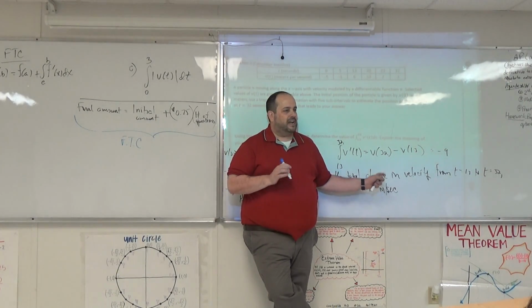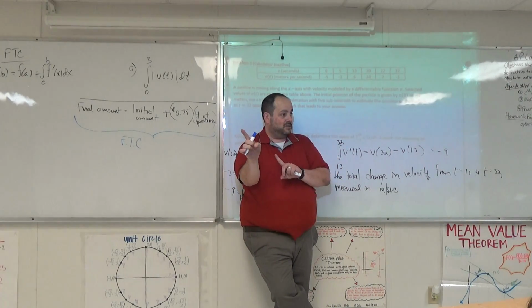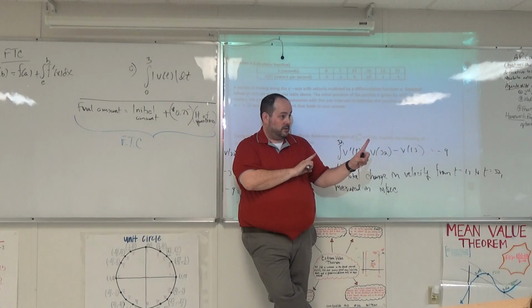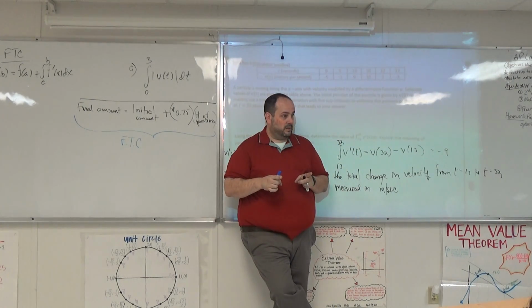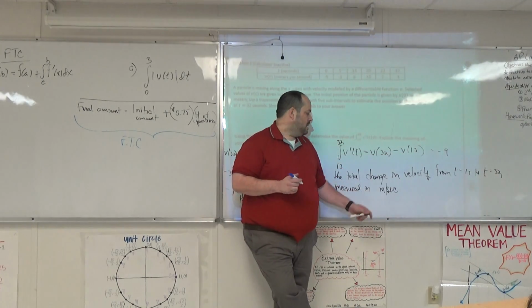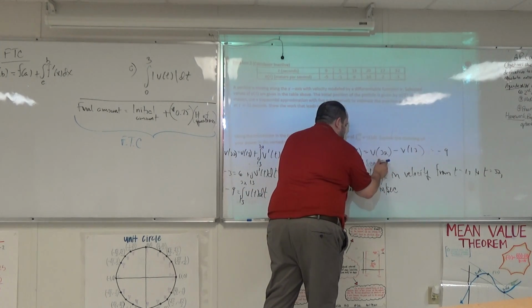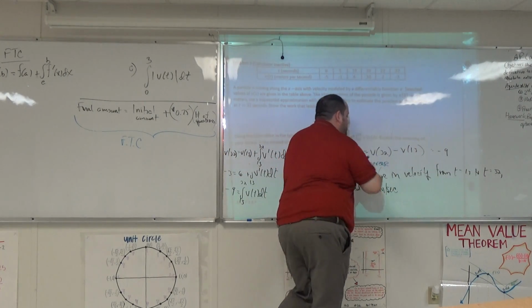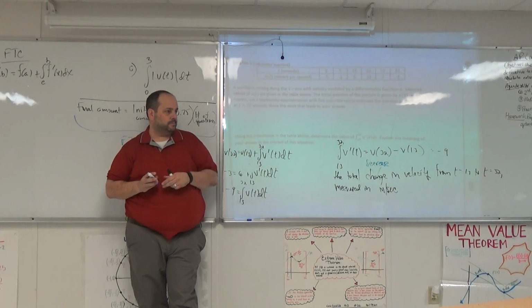When we talk about change, there's two kinds of change that we normally think about. There's an increase and there's a decrease. The most specific word to use here, look at the number, decrease. So rather than total change, I'd rather see total decrease in velocity. So you are going slower than you were before.